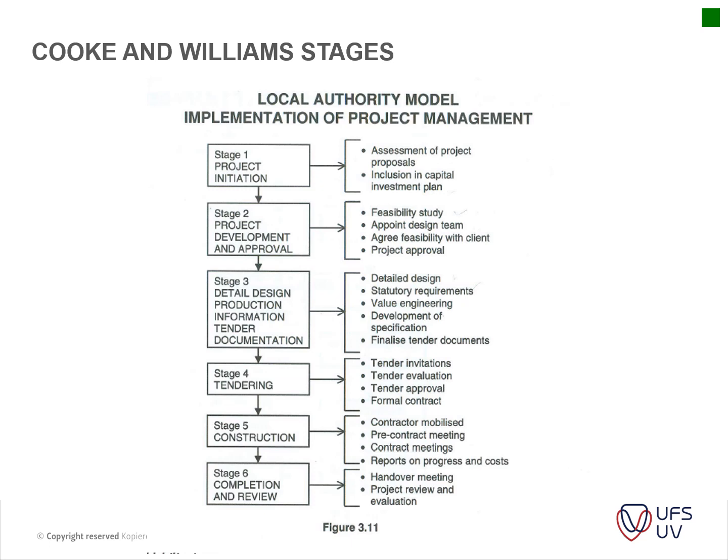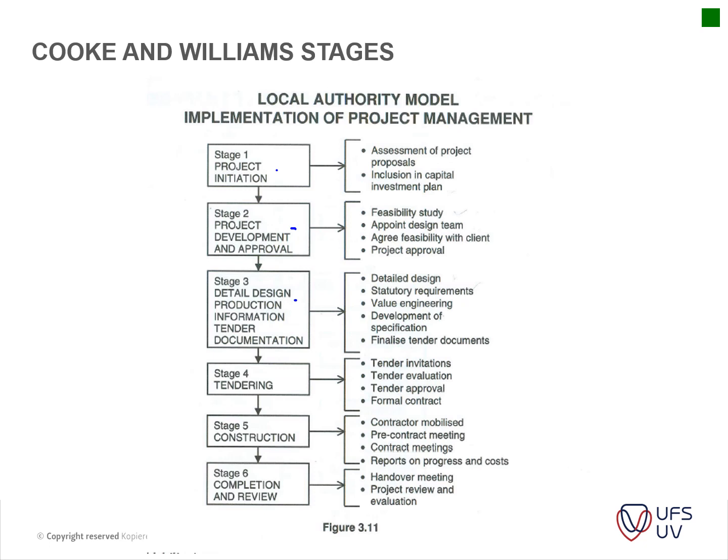Okay, so the 6 stages. Here's a very nice summary of that. It is the local authority model, similar to the one that we've adopted in South Africa under the construction built environment, where you have your project initiation, project development and approval, and then you've got your design, production information, tender documentation.